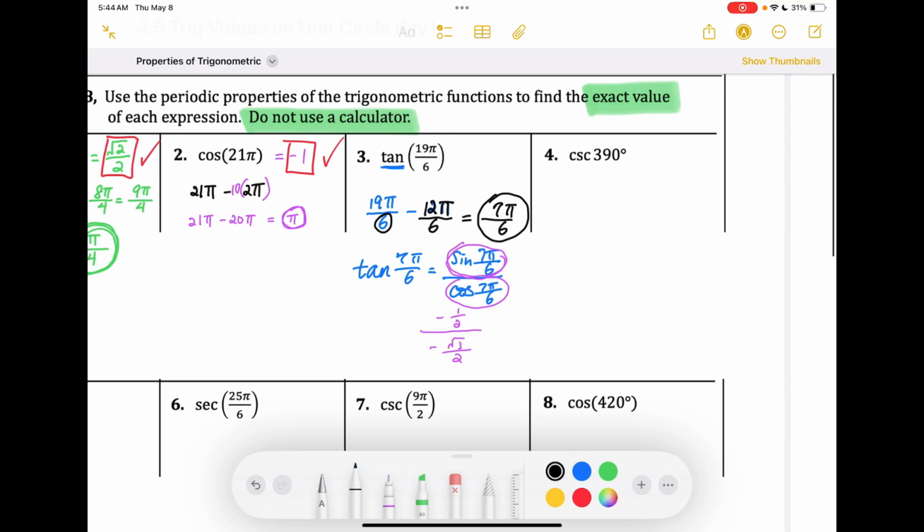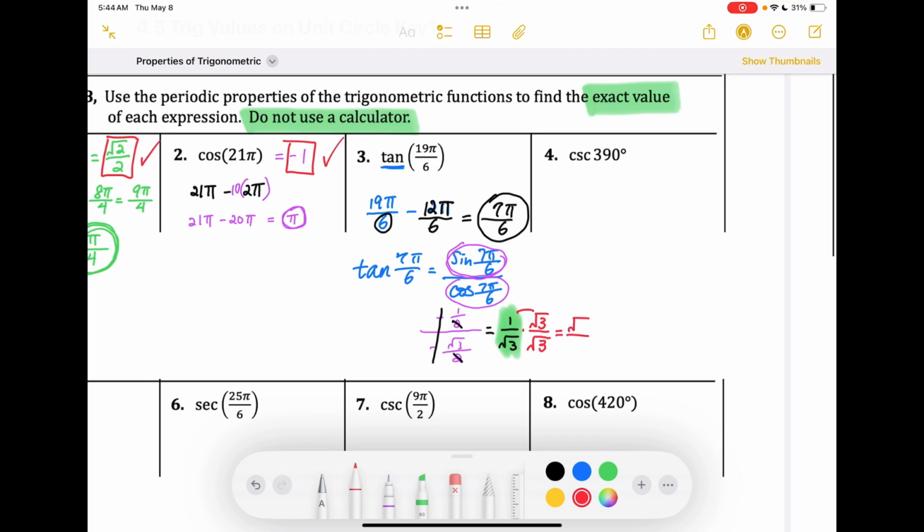Very good. Now we need to do housekeeping. Everybody see negative and negative cancel out. The denominator 2 and 2 cancel out. What do I have left? I got 1 over square root 3. Now, remember, this is correct, not perfect. We have to rationalize by multiplying by square root 3 over 3.